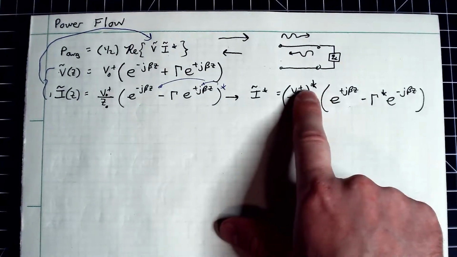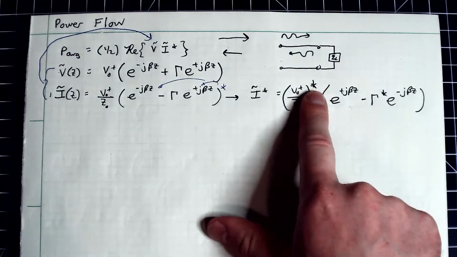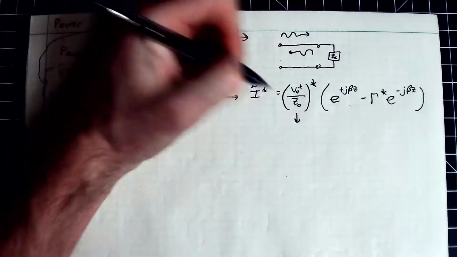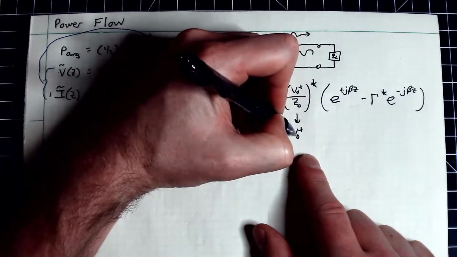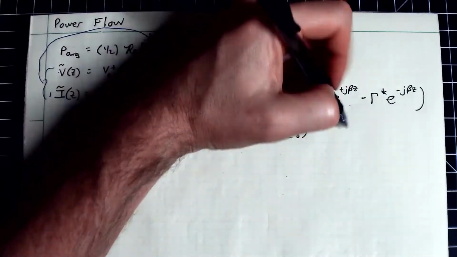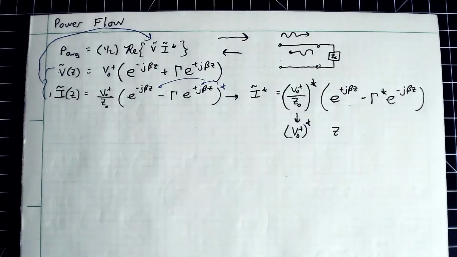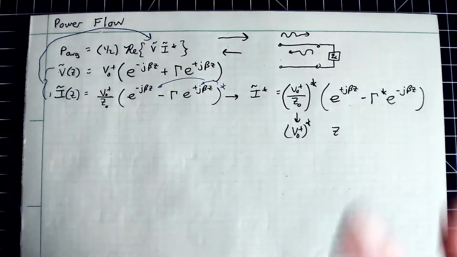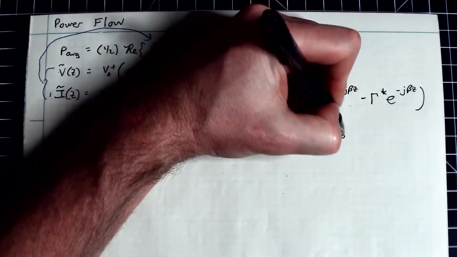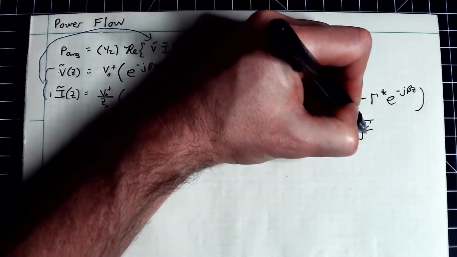Now this conjugate is also going to distribute across these two terms. So I'm going to have a V naught plus conjugate, but Z naught, remember, for a lossless line, so we're going to make the lossless assumption, which may not generally apply to the fully lossy case, Z naught was the square root of L prime over C prime.